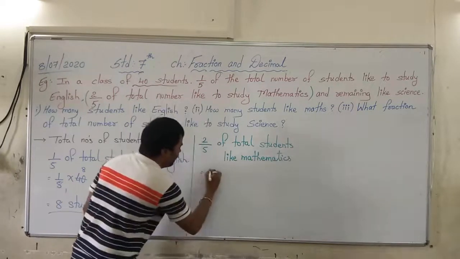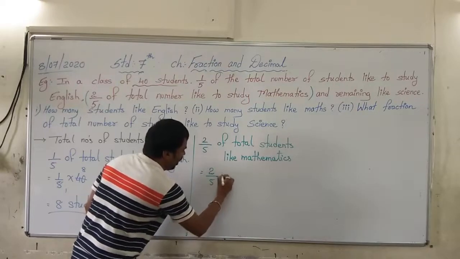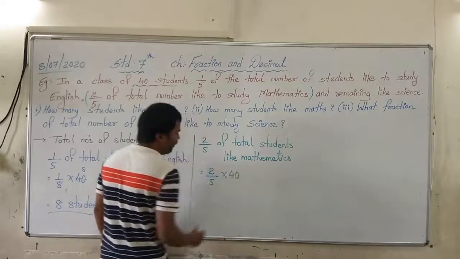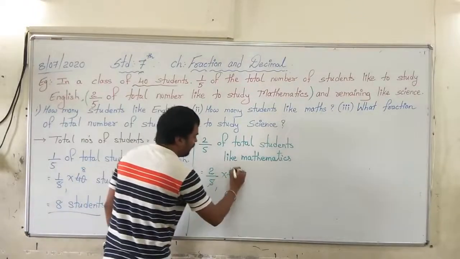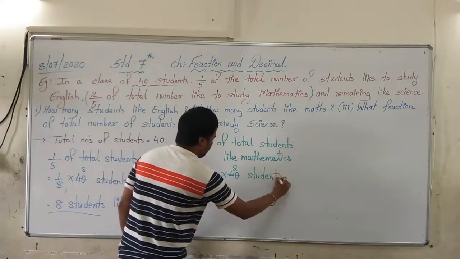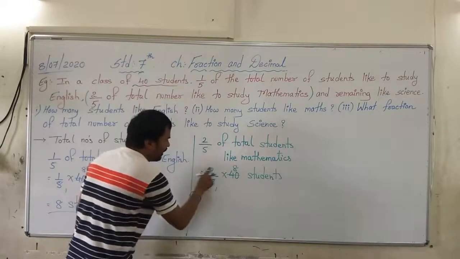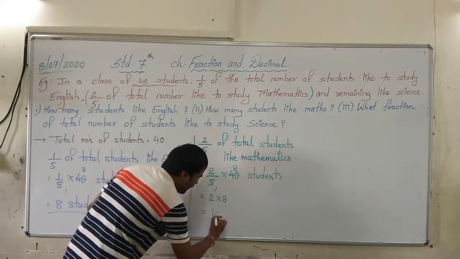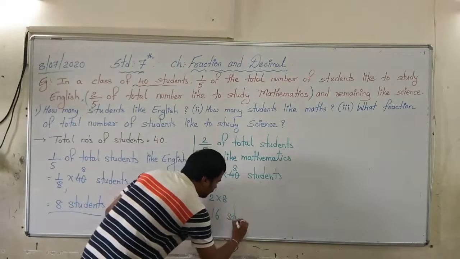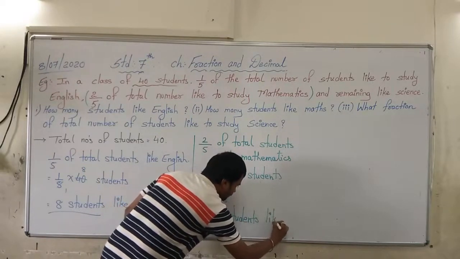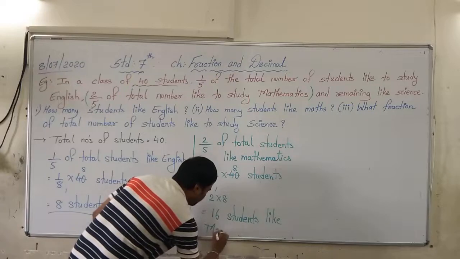So that is nothing but 2/5 of means multiplication. Total number of students, that is 40. 5 ones are 5, 5 8s are 40, and 2 multiplied by 8, 2 8s are 16 students. 16 students like mathematics.